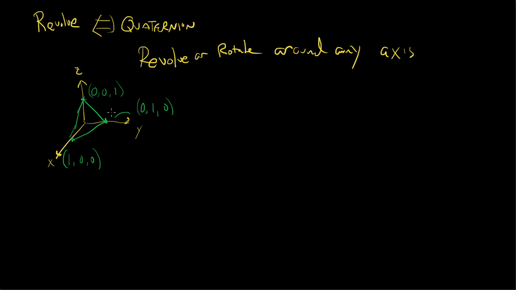But now we're going to actually rotate, for instance, about an axis. For now, we'll just rotate about the z-axis here. So we're going to take those points and turn them.